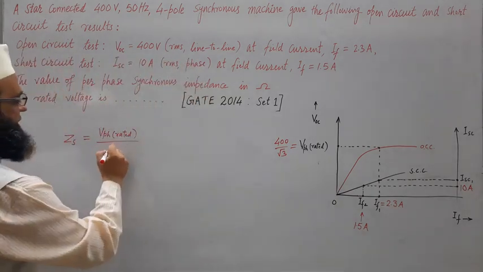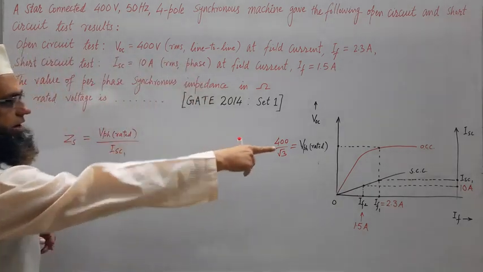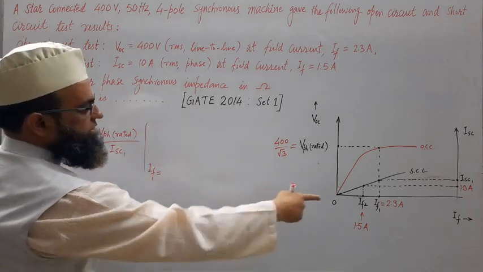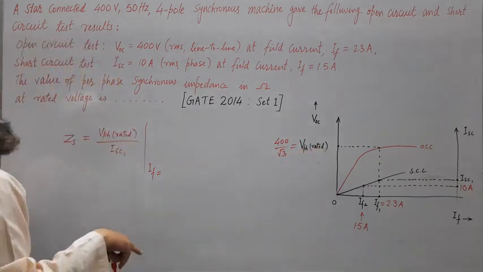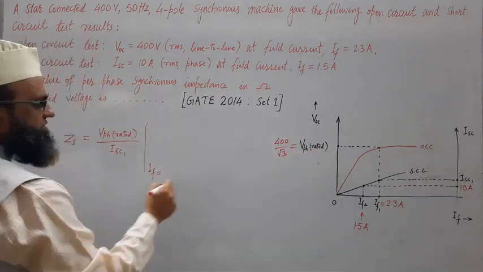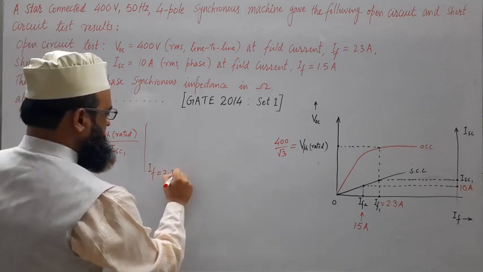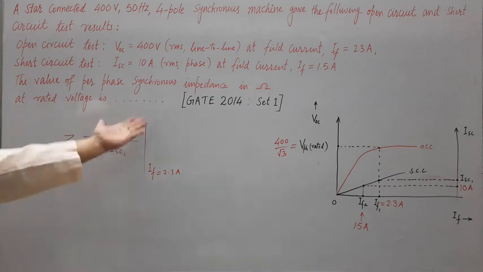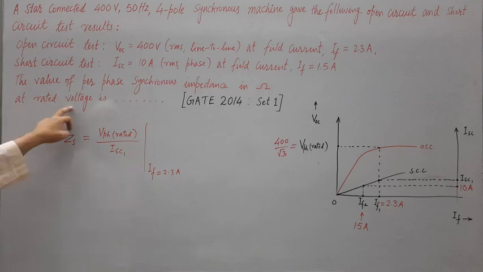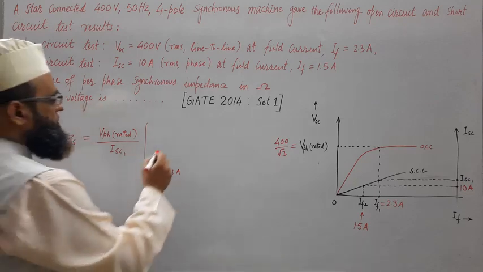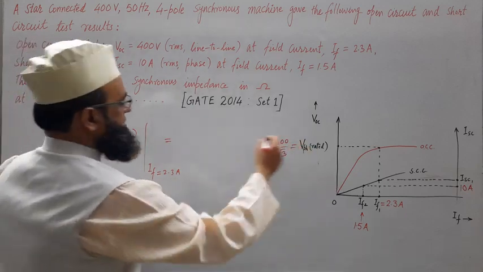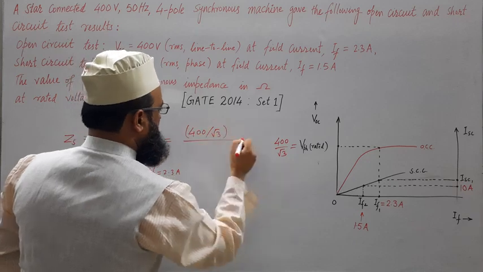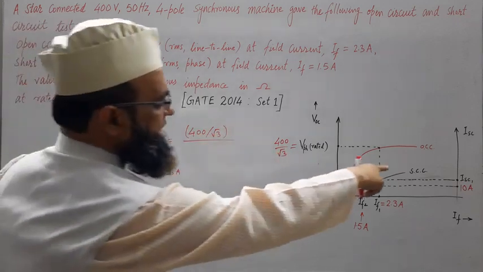The short circuit current is represented by ISC1 here in this plot, at the IF which gives rated voltage under open circuit test, that is 2.3 ampere. From definition we may write ZS at rated voltage like this: the value of VPH, that is 400 upon root 3, upon ISC1. We don't know ISC1, we need to evaluate it.